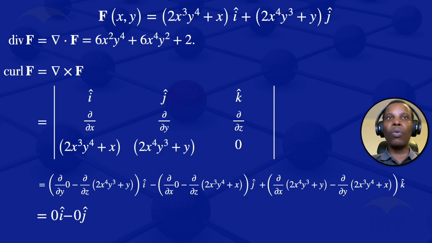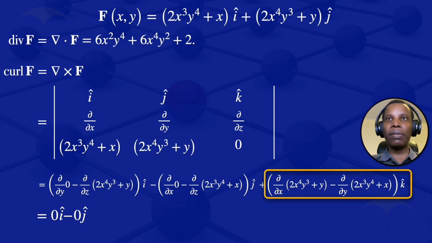And then I'll go on and look at the component where we have the k, evaluate these partial derivatives here. So when you differentiate 2x to the power 4 y cubed plus y with respect to x, treating y as if it's a constant, the result that we get there is 8x cubed y cubed.